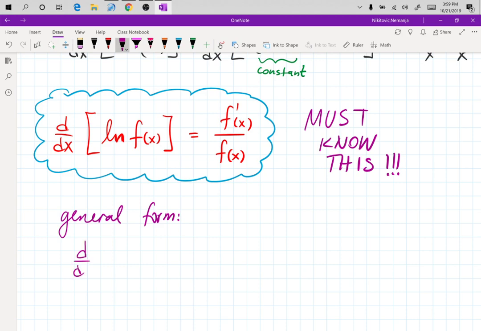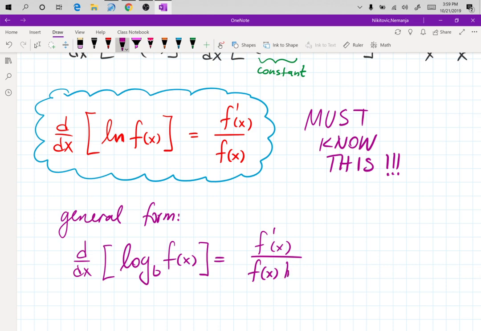It says the derivative of log base b, any base, of any function f of x. So that will be the general form. You can have log base 2 of sine x, for instance. And the way it goes, it's the same as before. You will have your f prime of x over f of x, and then you will just have ln of b in the denominator as well. So this is your general case.